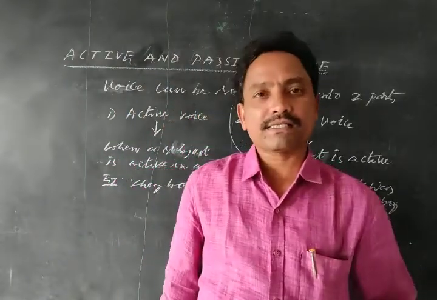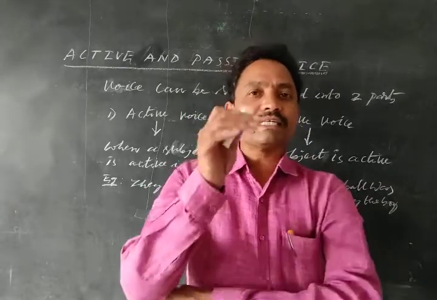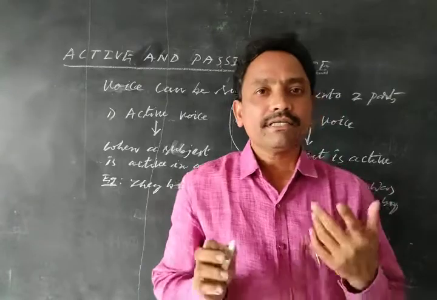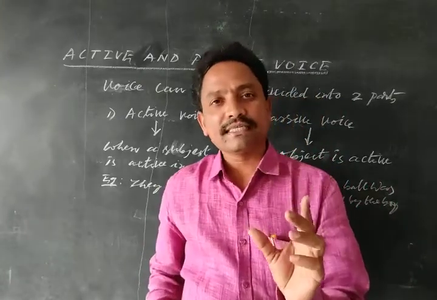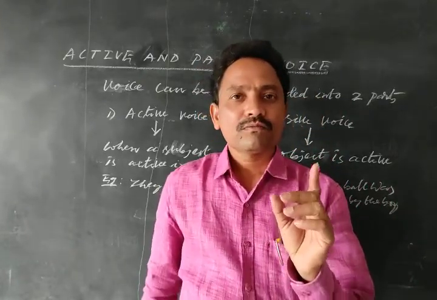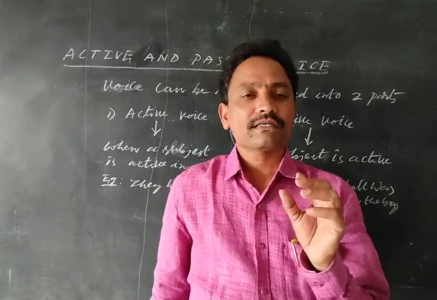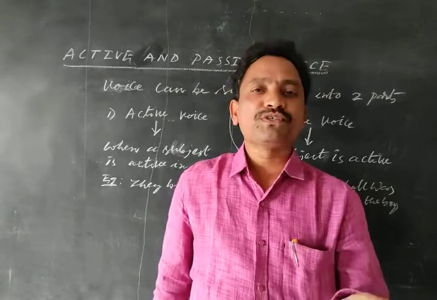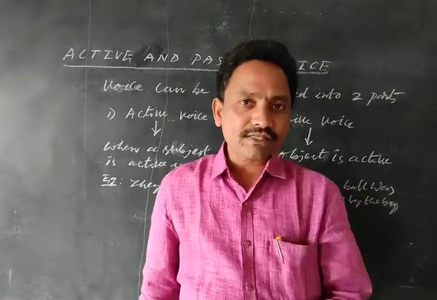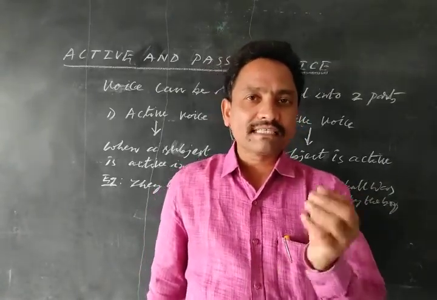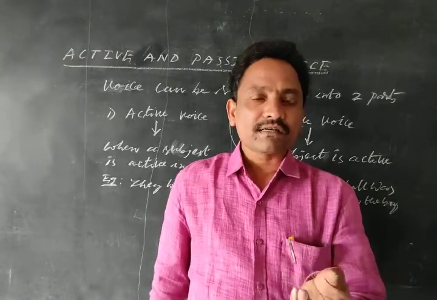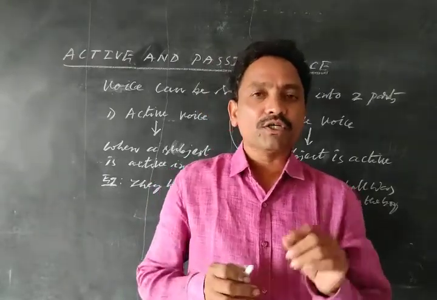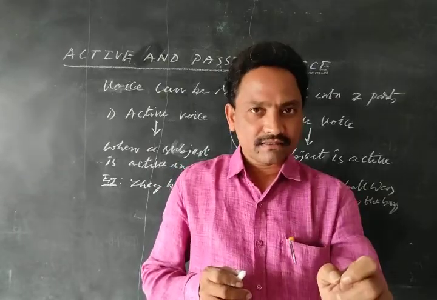In active voice, the subject is primary and the object is secondary. In passive voice, the object is primary and the subject is secondary. Subject means doer of the action.